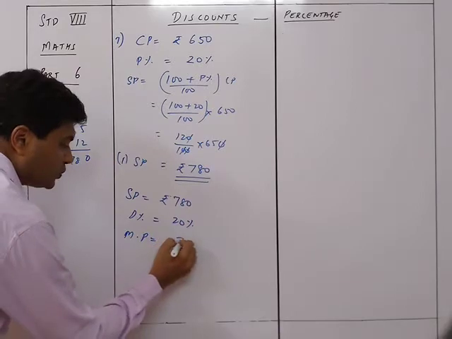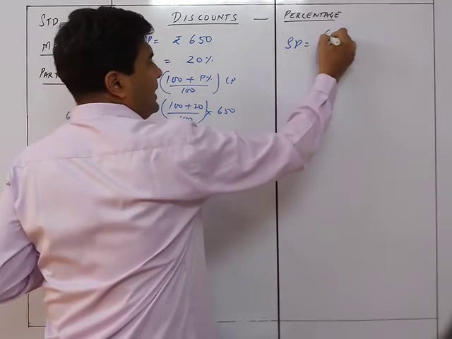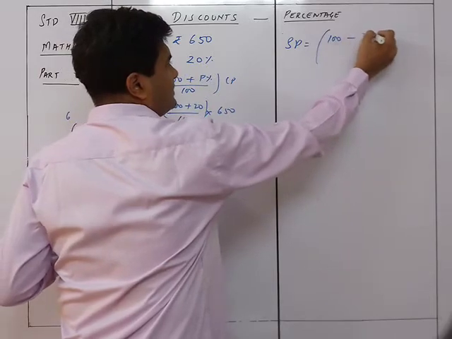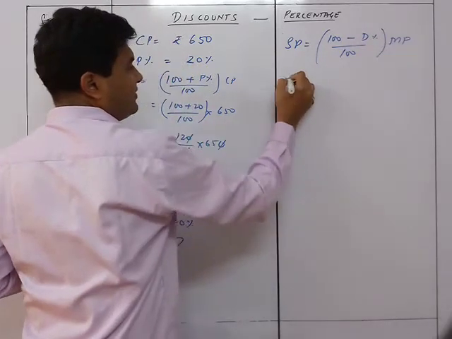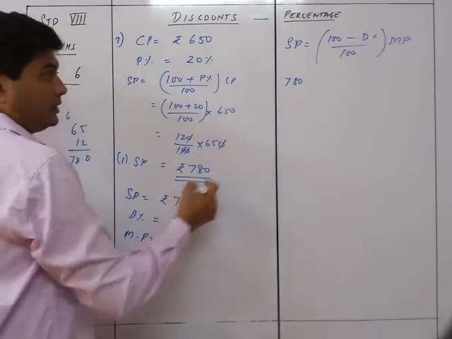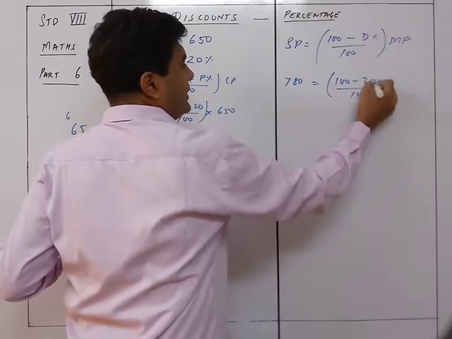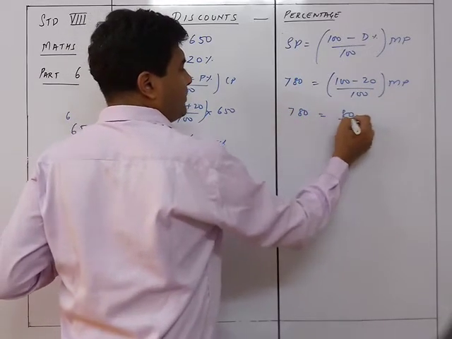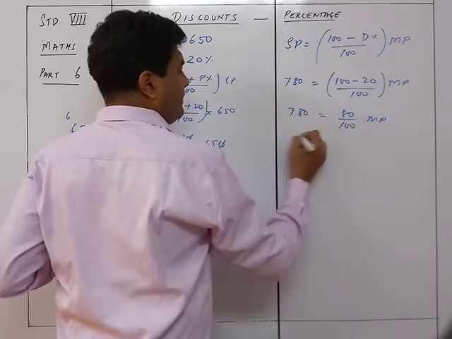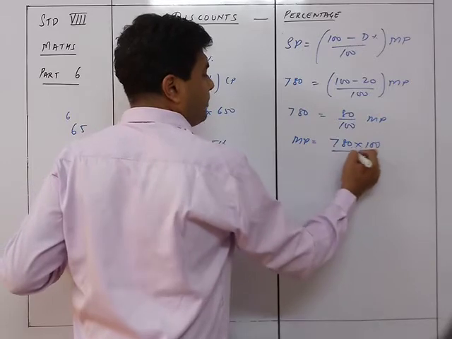So mark price is equal to question mark. We know the formula SP is equal to (100 minus D%) upon 100 into MP. So that is going to be 780 is equal to (100 minus 20) upon 100 into MP. So 780 is equal to 80 upon 100 MP. So MP is equal to 780 into 100 upon 80.